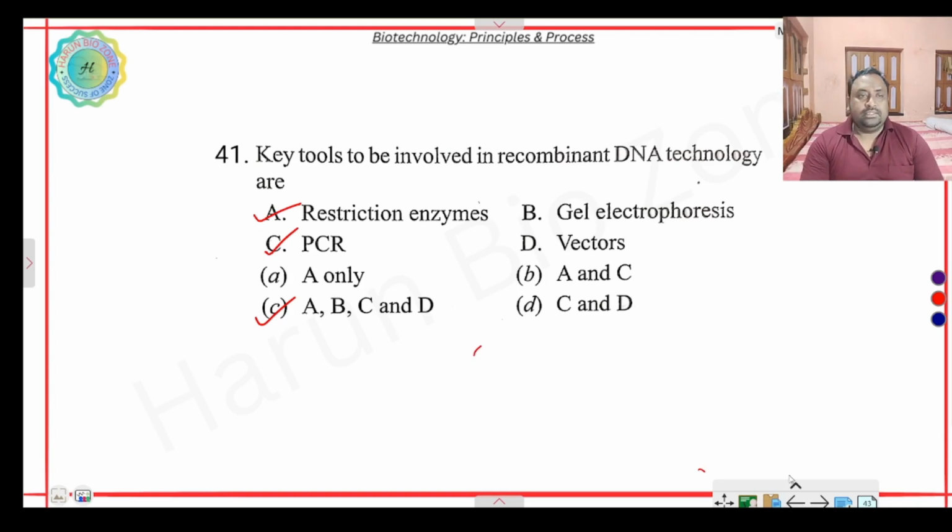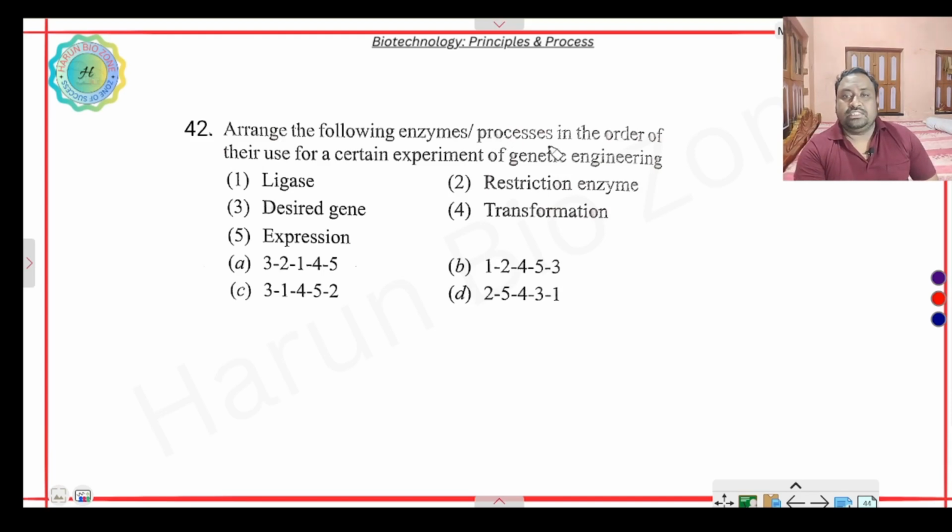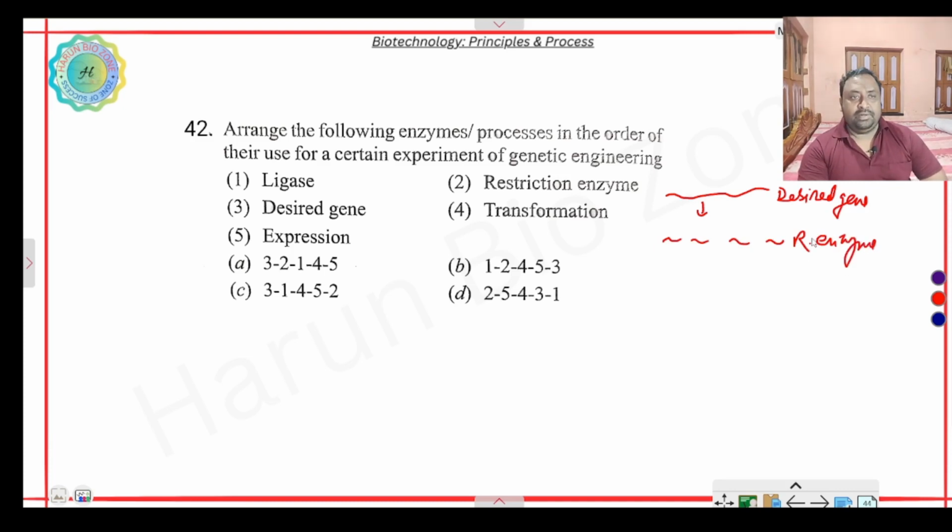The next question is, arrange the following enzyme processes in the order of their use for cloning. First, you isolate the DNA. DNA is cut to get the desired gene. So, this is the desired gene. Then the desired gene is cut into small fragments by restriction enzyme. Then the desired gene is incorporated into the vector by ligase.